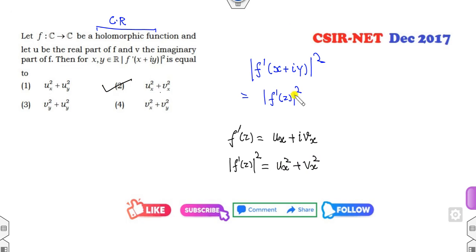What about the other one? Because this is an analytic function, u of x is v of y, and u of y is minus vx. So in the first one, both are u, and I can substitute vx. Vx is minus of uy, but with the square it also satisfies. V of y and u of y, I need to convert all in terms of y.